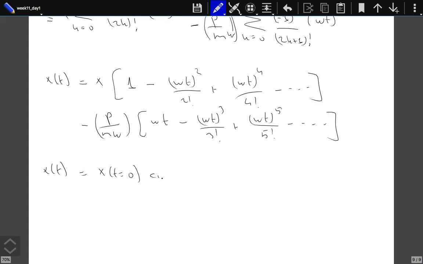That expansion is nothing but cosine ωt minus p over mω sine of ωt.